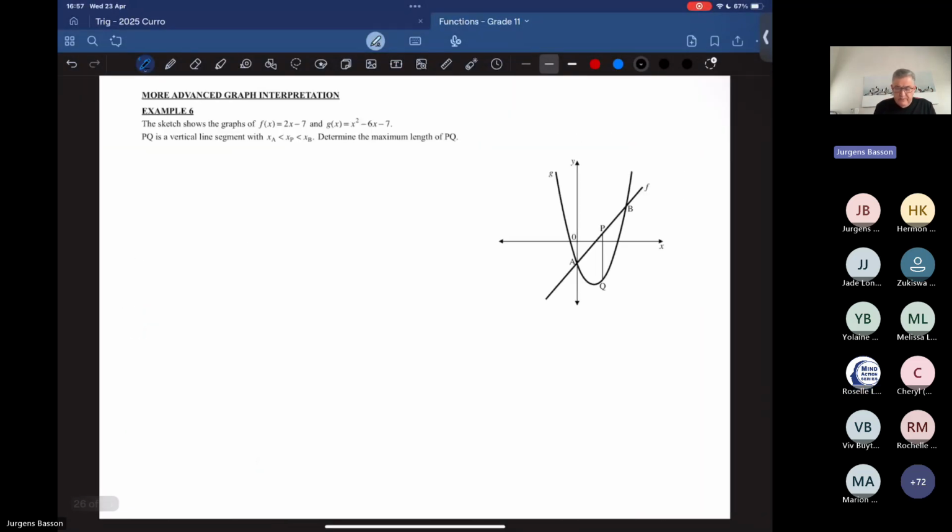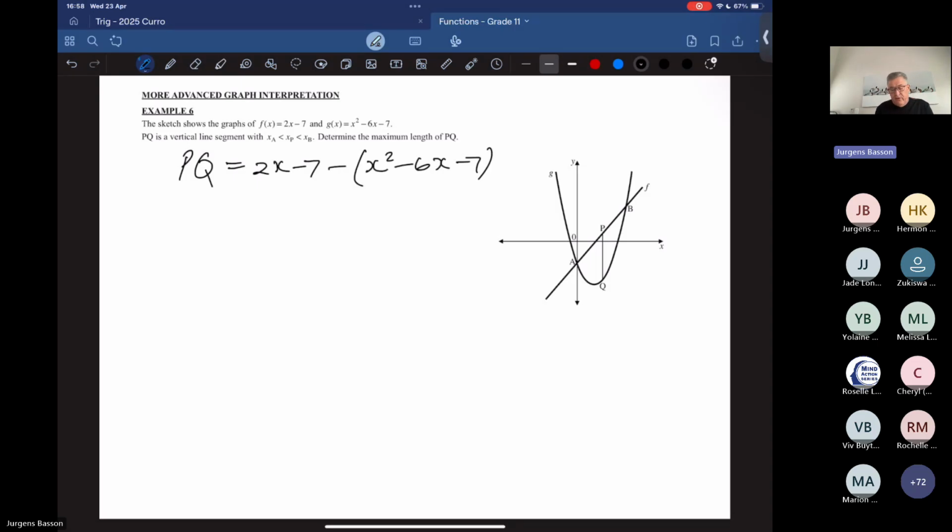Okay. All right, ladies and gentlemen, this one is a vertical distance PQ. We've done one like that. So you know what we do with questions like this. We say PQ, we take the top one minus the bottom. Top one is the straight line, 2x minus 7, subtract x squared minus 6x minus 7.